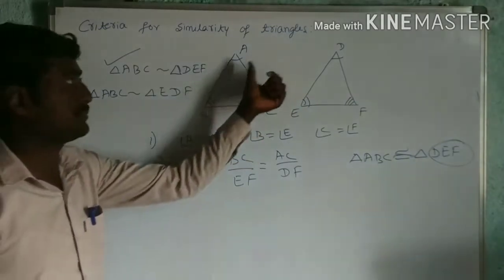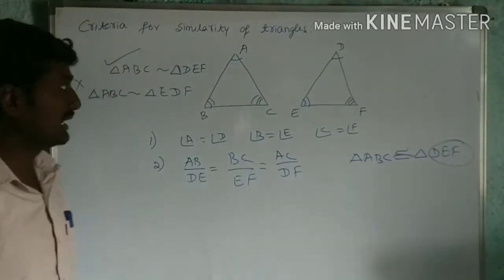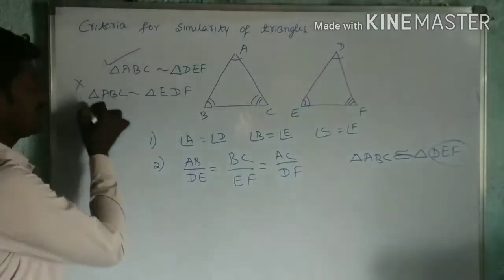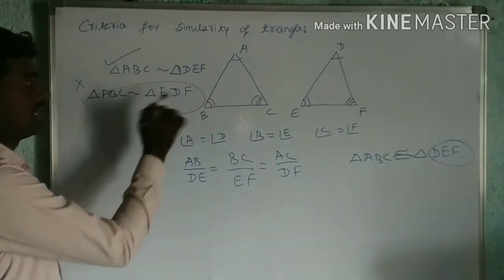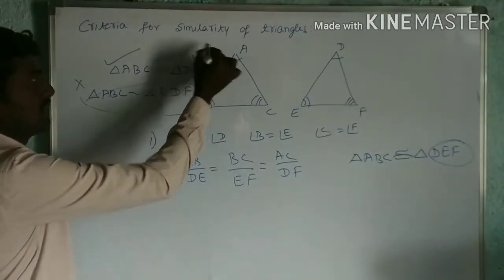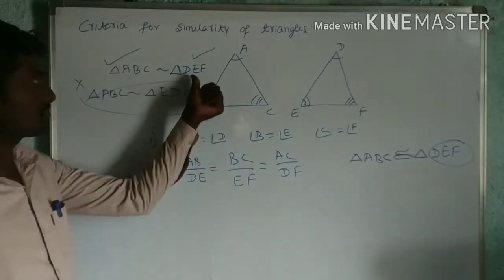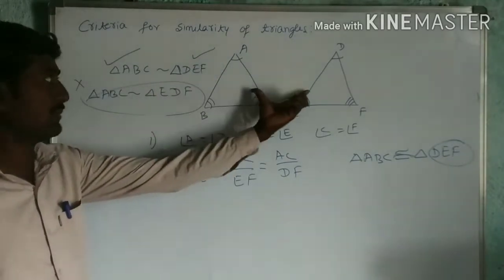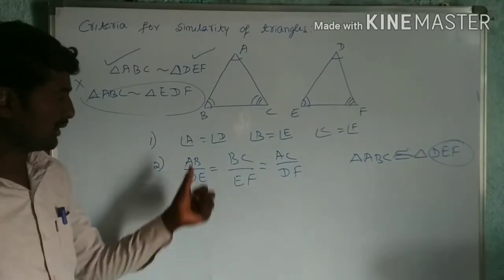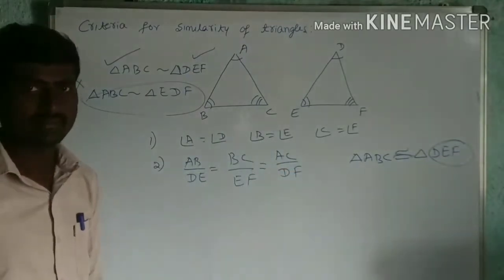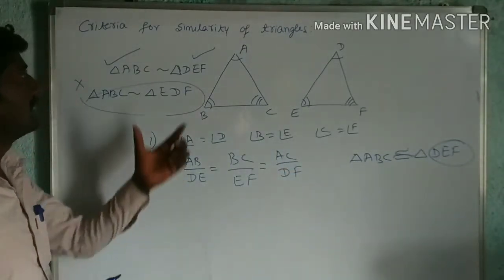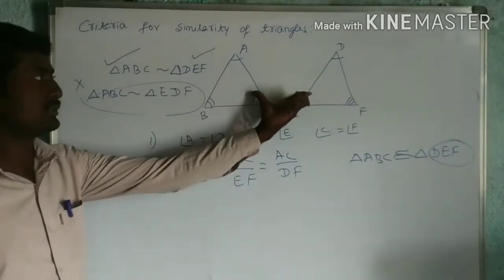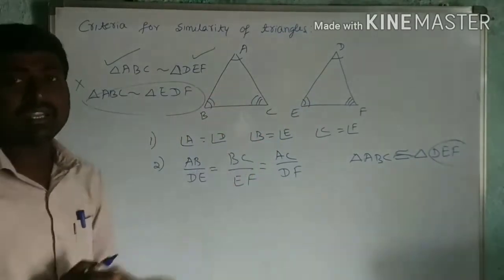You have to see the corresponding vertices. Then only it will be right. You cannot write like EDF or FED. This is the only possible way to say they are similar. Then you can say that these two triangles are similar triangles.